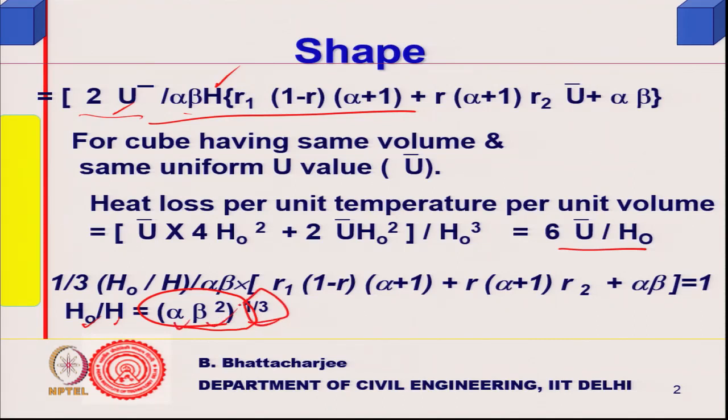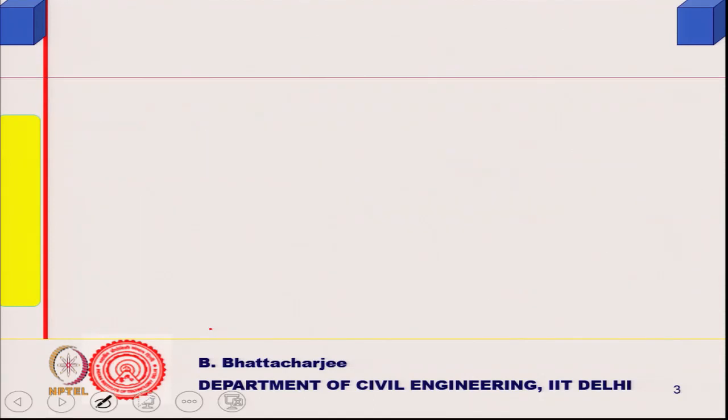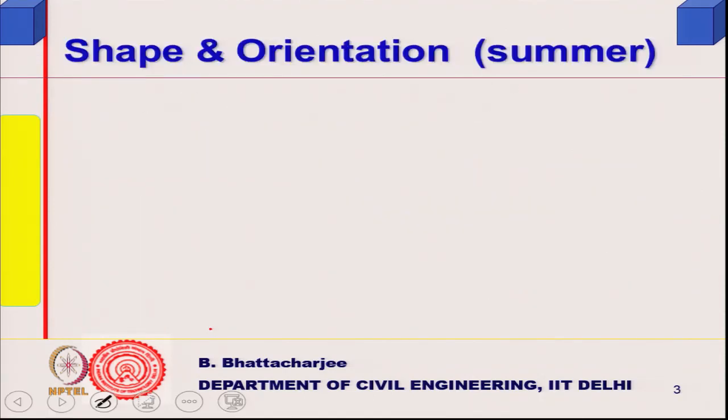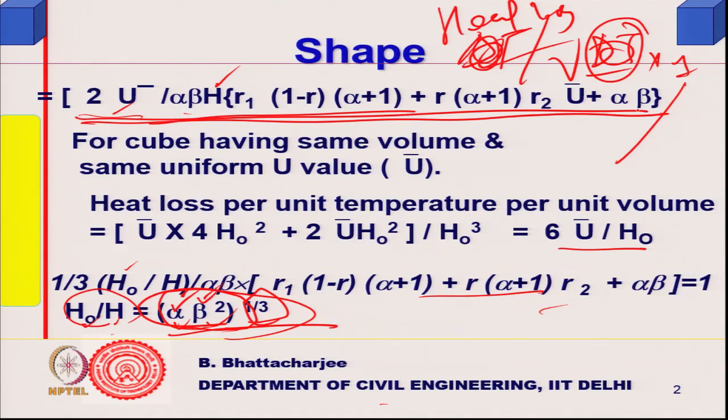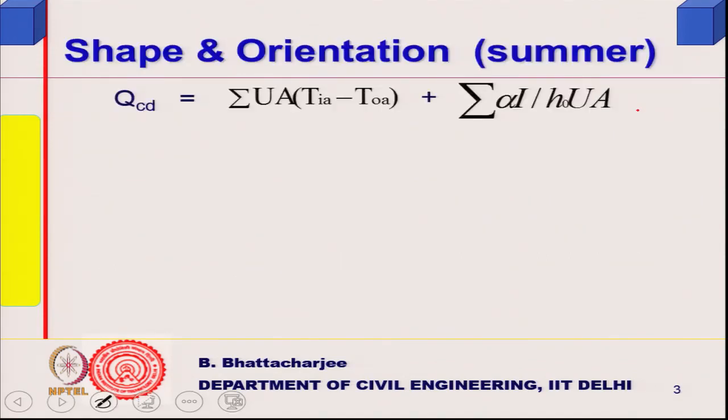So, you can choose alpha and beta to see how close it is to 1 for various values of alpha and beta. You can find out this ratio, which should be as close to 1 as possible. From this, given alpha and beta, you can find h 0, or given some of them, the other you can find out.